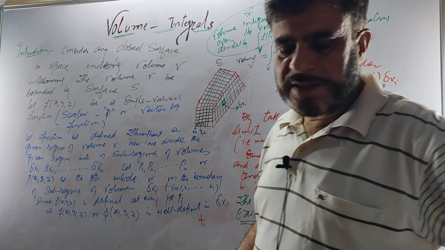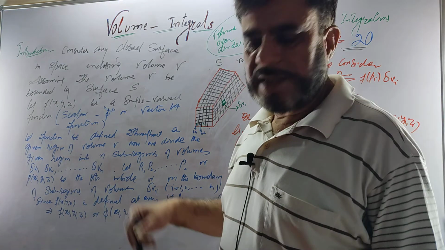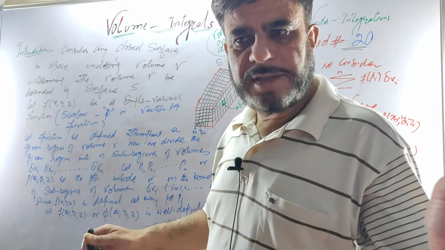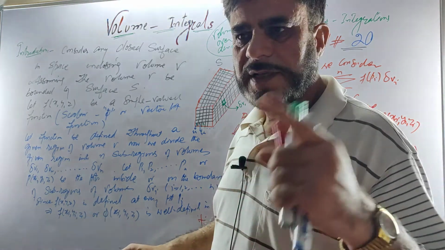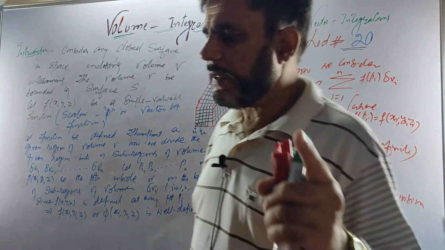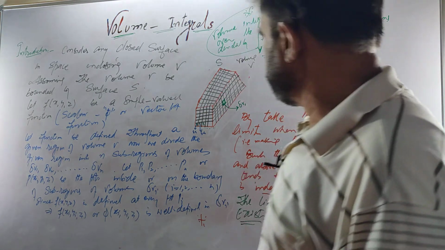Similarly, in the case of the surface integral, we divide the surface into a finite number of subregions, then extend the divisions to infinity, and that makes the surface integral. On the basis of this, just look here, I have given you the comprehensive definition.